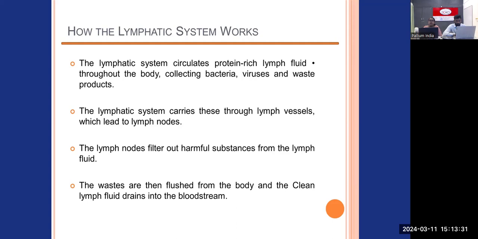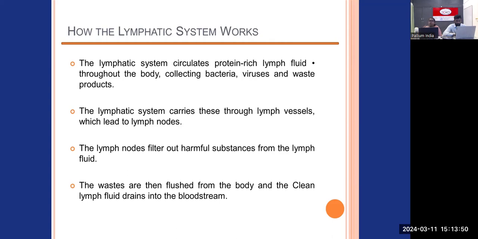Clear? The major function of the lymph node is to filter out the harmful substances from the lymphatic fluid. After that, the waste is flushed from the body and the clean lymphatic fluid drains into the bloodstream.